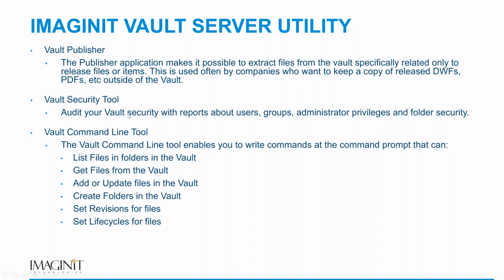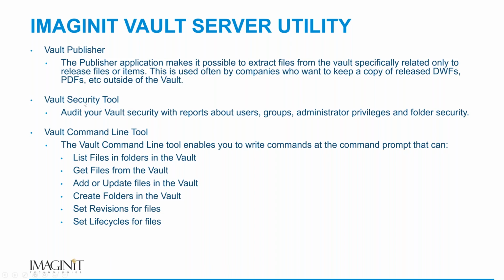The Vault security tool, this is one that everybody should be keeping an eye on, especially, again, with turnover, where the Vault admin left, and now somebody was told, hey, it's my job now to manage this. So the first thing I would want to do is ask, what is the current lay of the land?